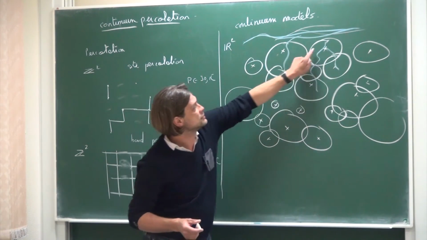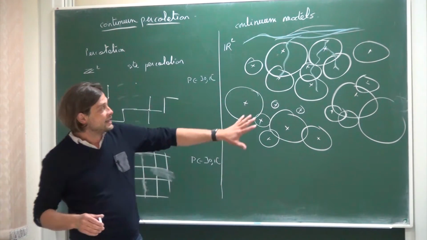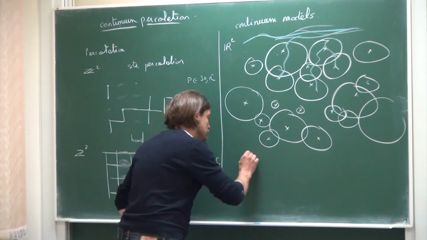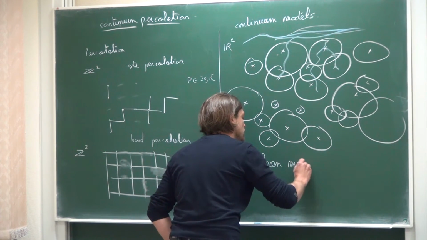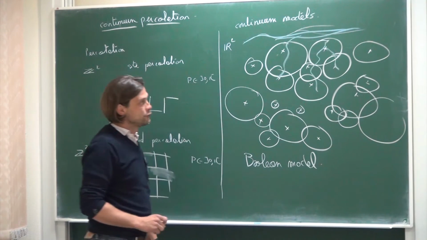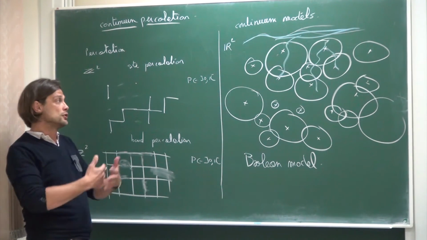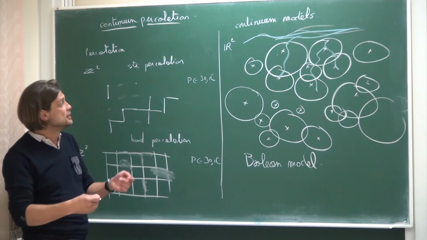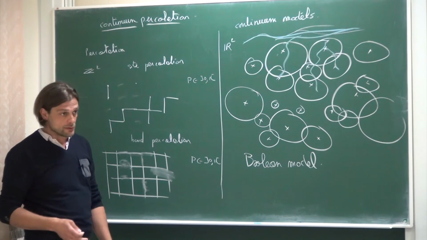In stochastic geometry, this model is really popular. It's called the Boolean model. And percolation for this kind of model is quite important for a lot of applications in biology, material science, telecommunication, and so on.